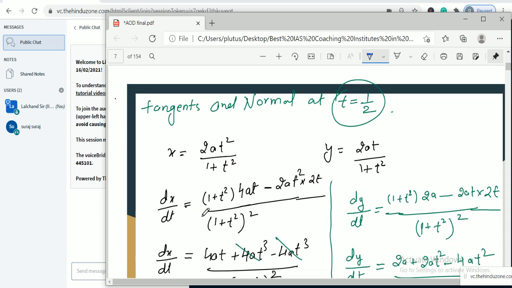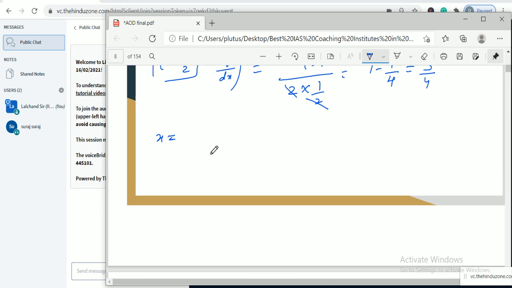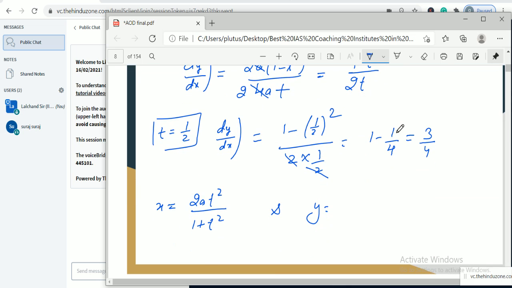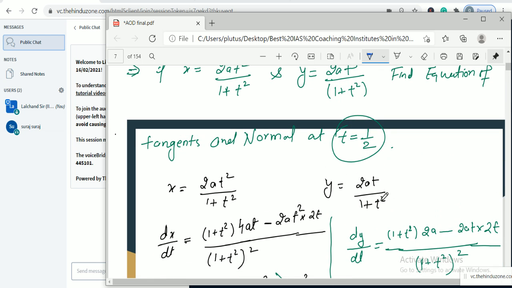Our x value is here. This is 2a t square divided over 1 plus t square. And then y value is, what is the value of y? This is 2at divided over 1 plus t square. Okay.